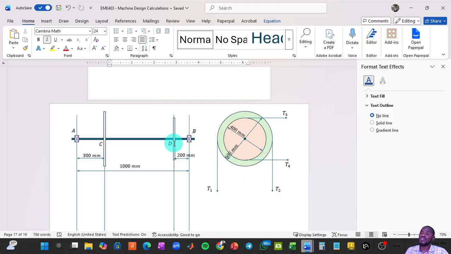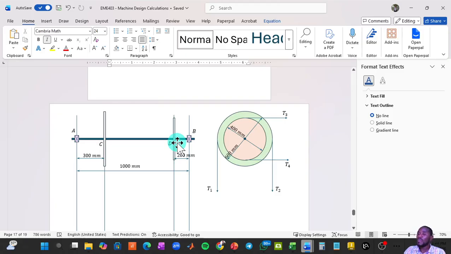So we are constrained to split this problem into two. We deal with the vertical forces. As a consequence of these vertical forces, we have vertical reactions at points A and B. Then as a consequence of the horizontal forces at point B, there will be horizontal reactions at points A and B. So we'll split them up into those two sections. We will find the values of those reaction forces, and then find what the bending moments are at points C and B, which are the critical points.